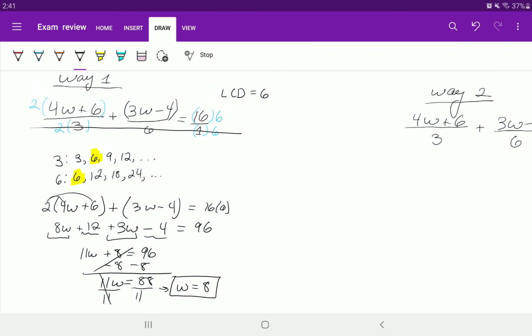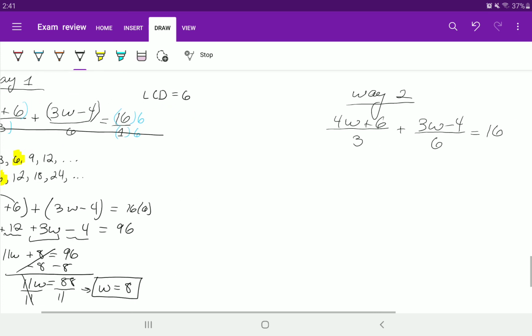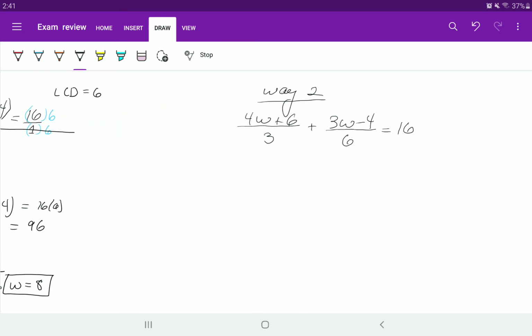We're going to do way number 2. Once again, way number 2 requires you to find the LCD, and the LCD will remain the same, which is 6. What you're going to do is multiply each term, each side, by 6, using the distributive property.